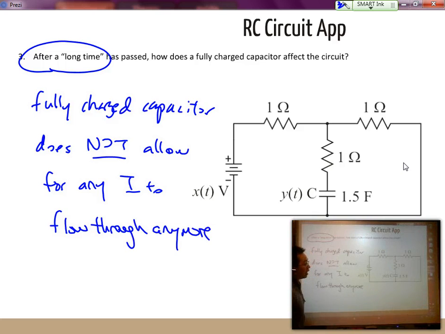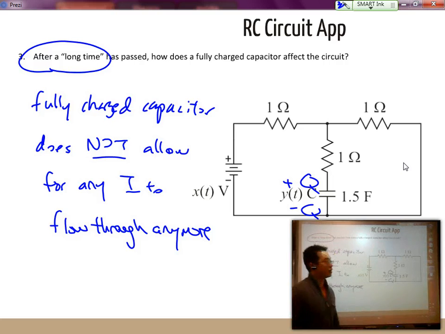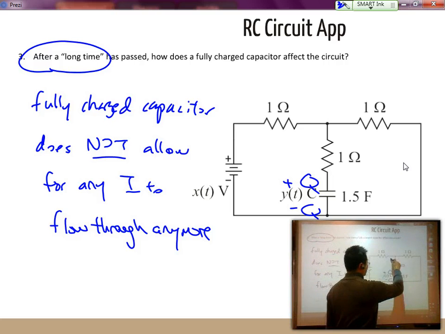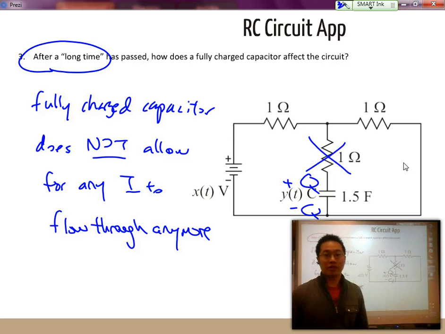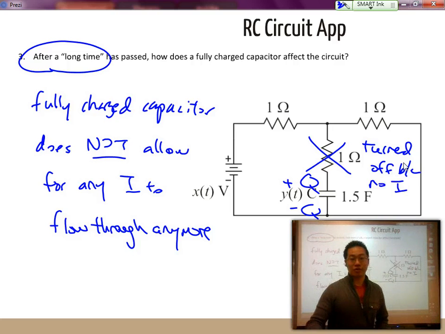Meaning instead of having an I going through the capacitor, now we have a Q, a positive Q and a negative Q, of course, on each plate. But that means there's no more current, so this resistor ultimately gets turned off, because there's no current passing through.